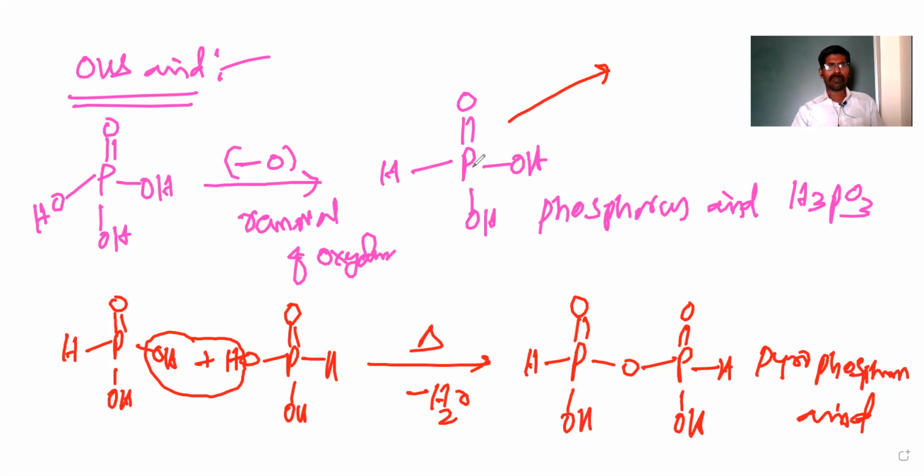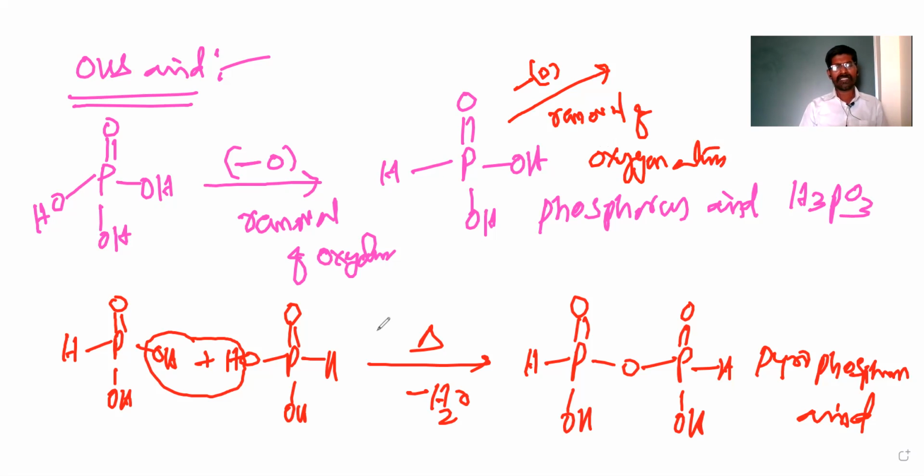So this oxygen atom is removed, that means removal of oxygen atom. Now here is hydrogen double bond O, and here hydrogen, and this one is the OH group. So this is hypophosphorus acid. This one is the hypophosphorus acid compound.